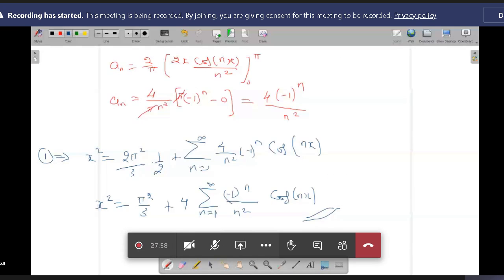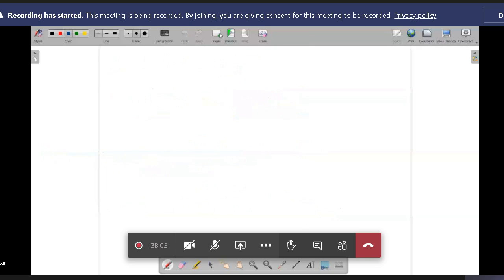Any doubt in this previous example? If it is not, I'll take one more example. So that is third example.